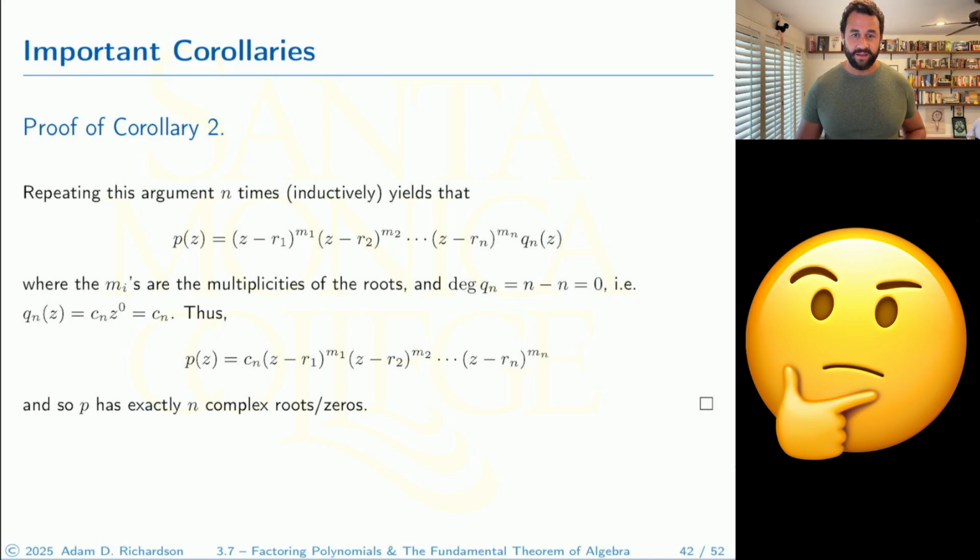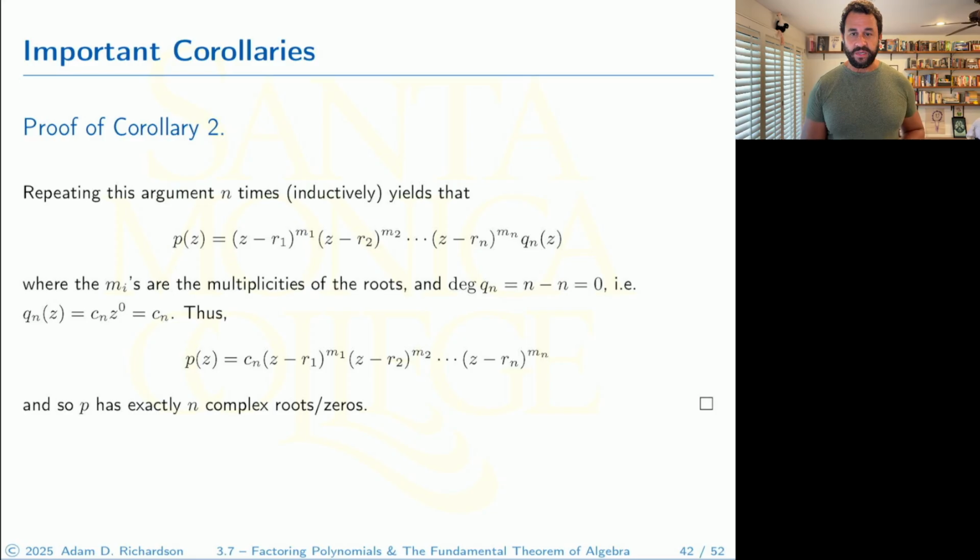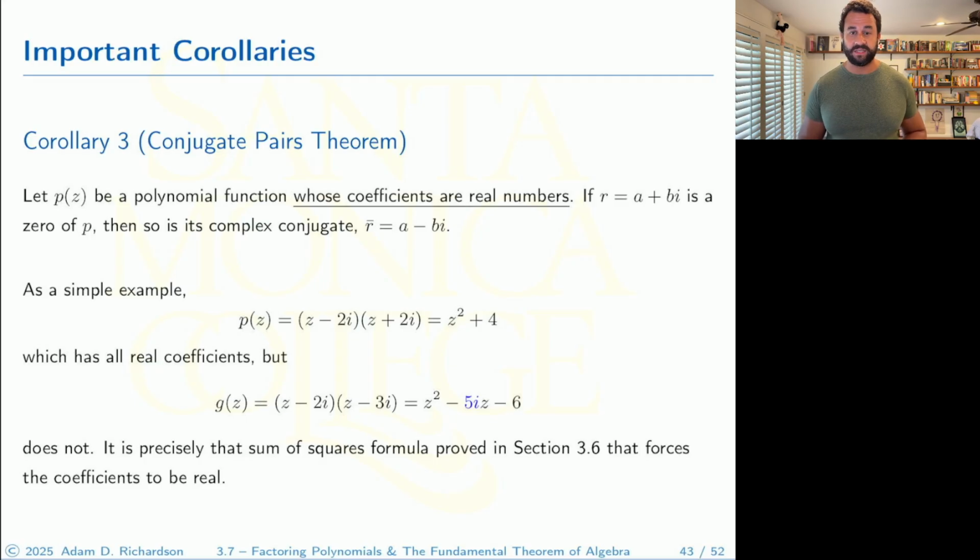Okay, now what can we do? Well, we have some more important corollaries that are going to help us out. So let's continue with that. This one's called the conjugate pairs theorem. This is a nice result. If you've got a polynomial function whose coefficients are all real numbers, and you know that you have one complex zero that has an imaginary part, then the conjugate of that zero must also be a zero of the function.